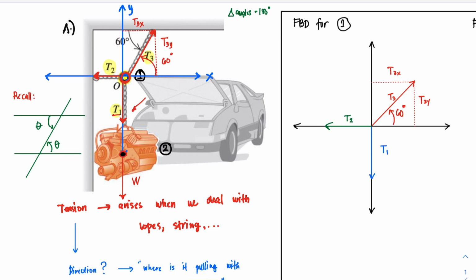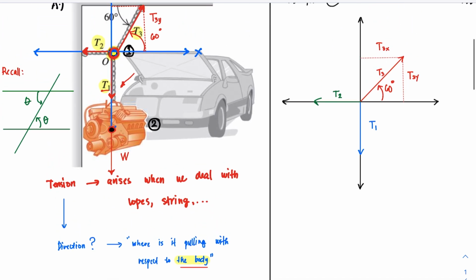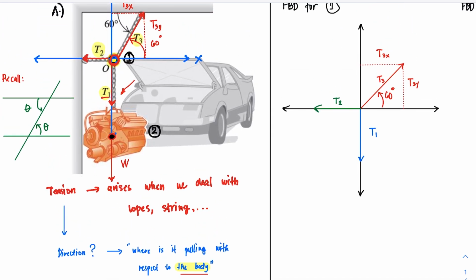That is the only direction of your tension 1, directed downward. So how do we get the direction? We ask, where is it pulling with respect to the body? Now, with respect to the ring that you are seeing here, that chain is actually trying to pull that ring downward. Okay, so that's why the direction of your tension 1 is also downward.